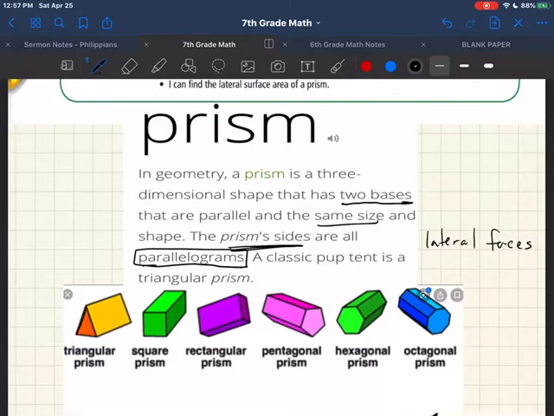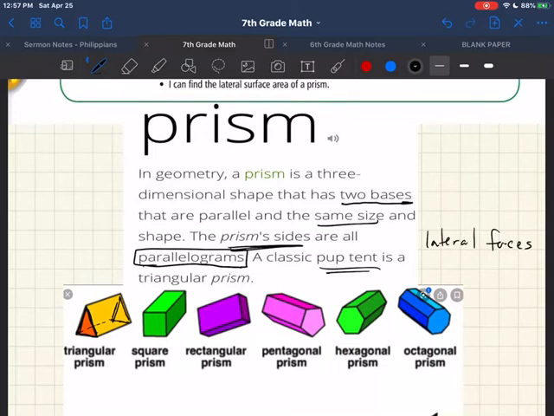If you look at this, you've got a triangle, colored in orange, and that is the base. This is the pup tent that they're talking about. You've got a triangular base, and if you can imagine the parts you can't see, let's draw it in dotted lines.